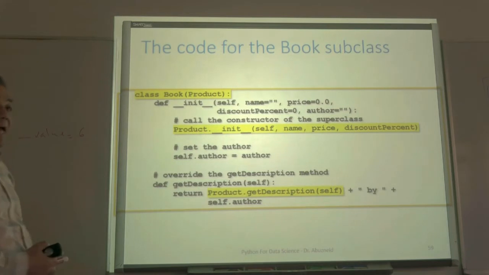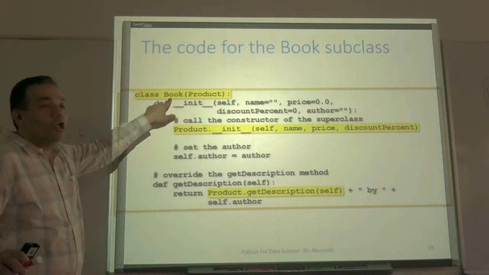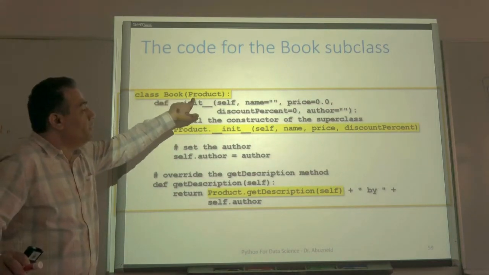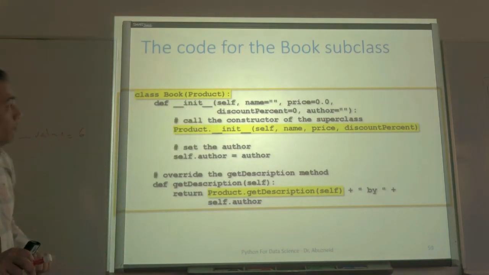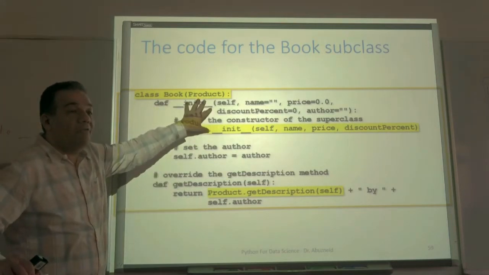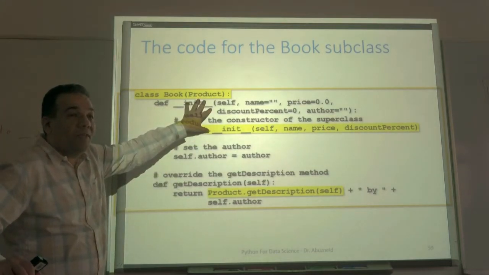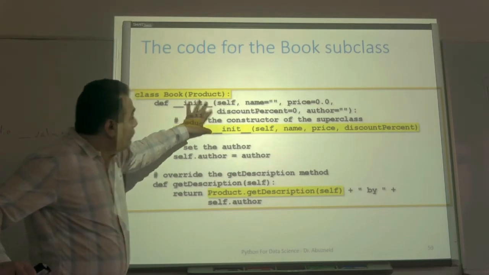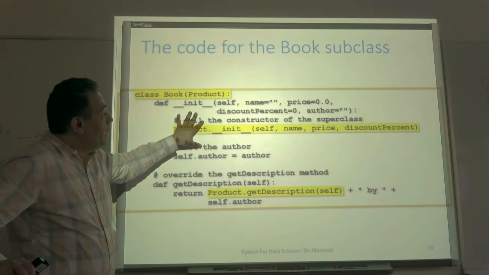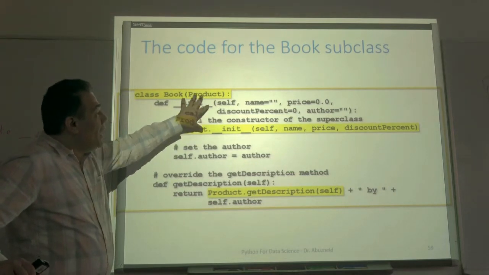All right. Now I'm creating another class called book, inherited from product. So what do I have to do? I have to create the constructor. But how many attributes do I have in the book?